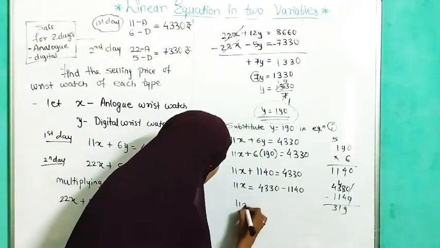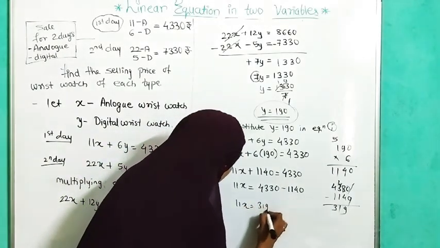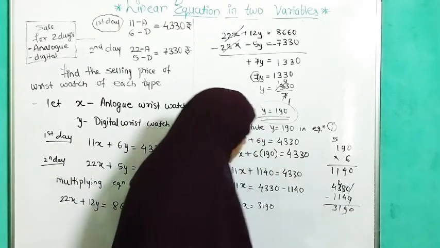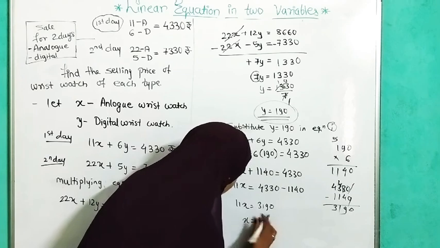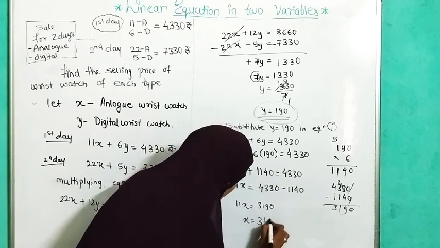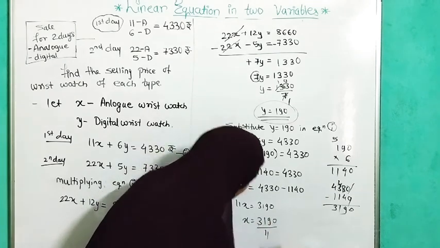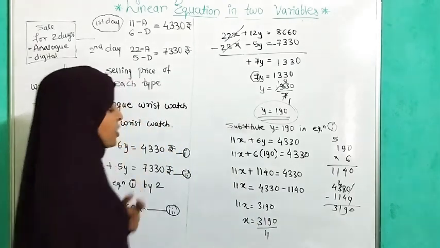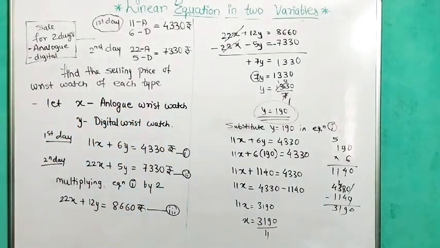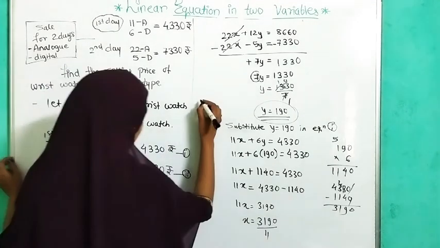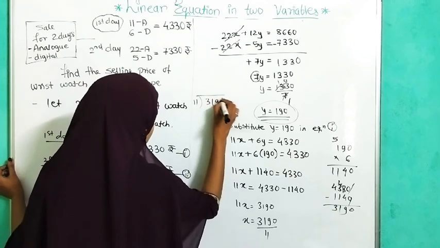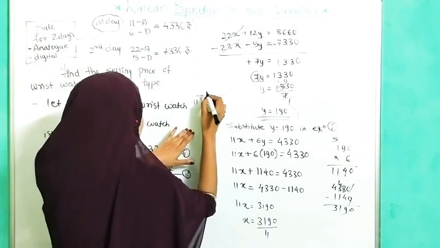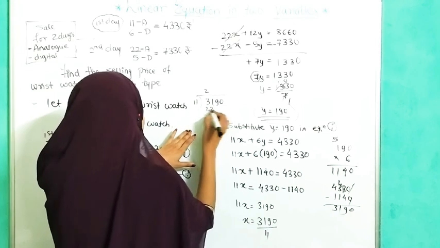So 11x is equal to 3,190. So x is equal to 3,190 divided by 11. If we divide this equation by 11, we get the value of x. So we are going to divide it by 11. 3,190. So 11 2s are 22.